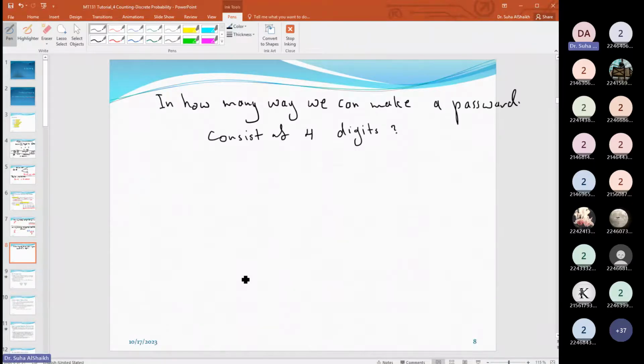So in how many ways can we make a password that consists of 4 digits? 4 digits means I have 4 places, right or not? I have 4 places. In these places I will put digits.